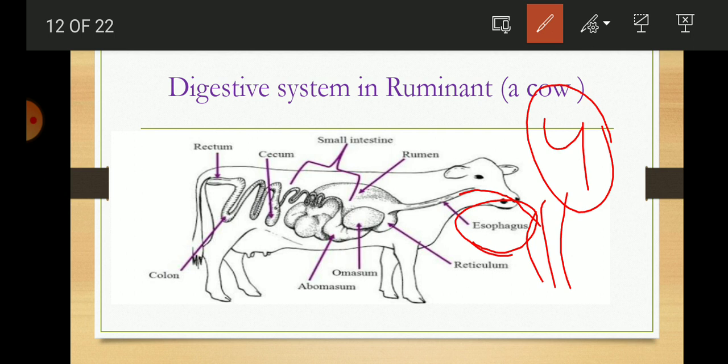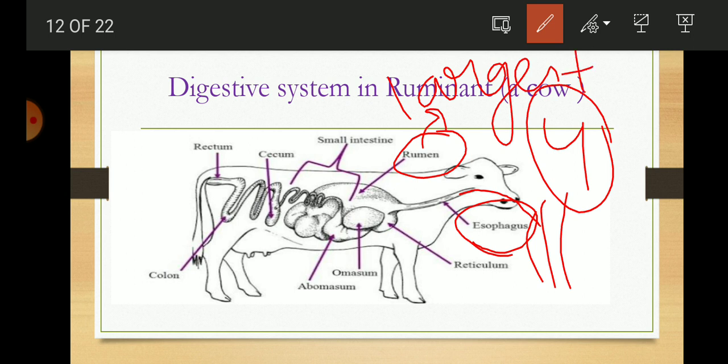Here the first part is the rumen. The food first goes into the rumen, which is the largest part of the stomach of the ruminants. Thereafter the food mixes with the reticulum, which is also a chamber.